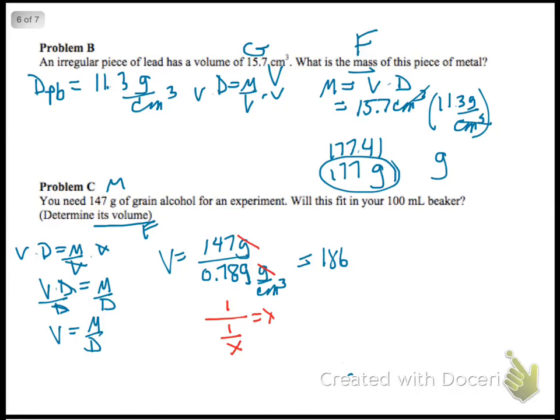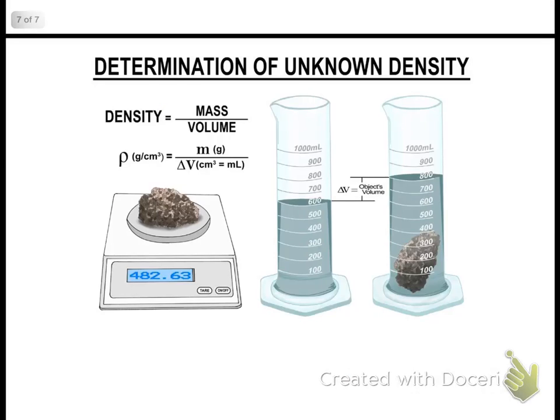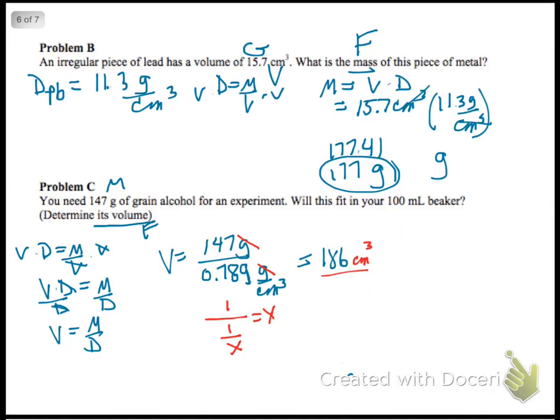If I have 1 over x, when I bring this up, I flip it, and I end up with x. That's a relationship in doing problems that you need to understand. So I end up with units of centimeters cubed with 3 sig figs.